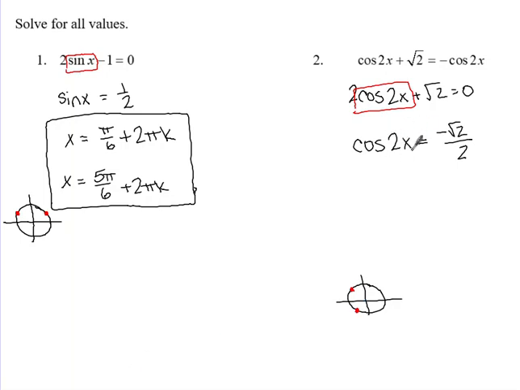Since we have cosine of 2x instead of cosine of x, I'm going to write out that 2x is equal to 3 pi over 4 plus 2 pi k, and 2x equals 5 pi over 4 plus 2 pi k.